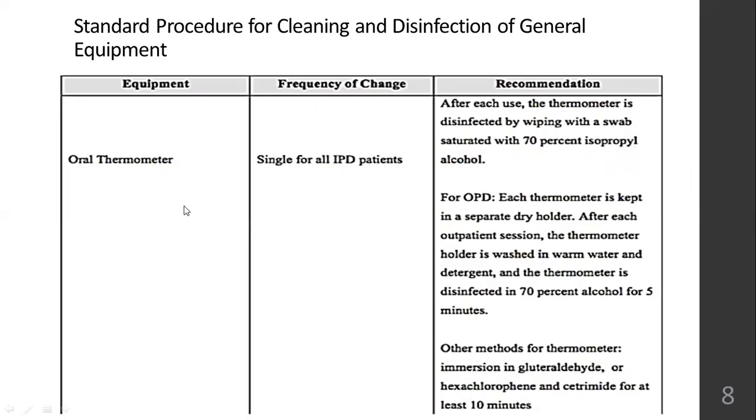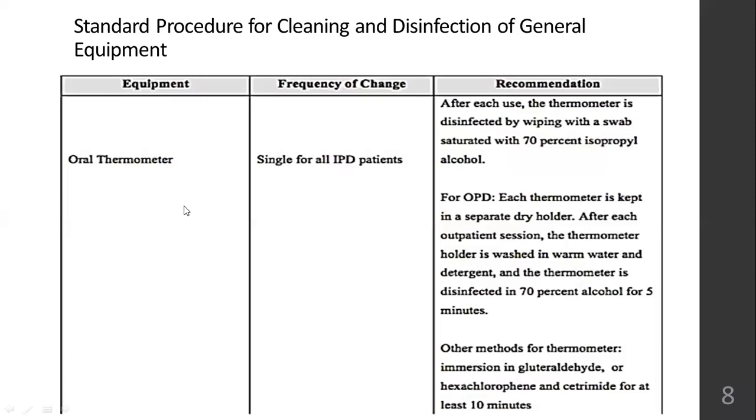When it comes to the oral thermometer, usually in IPDs and OPDs, after each use, it has to be disinfected. Either you use 70% spirit solution, or you immerse the oral thermometer in glutaraldehyde solution, hexachlorophene solution, or cetrimide solution.